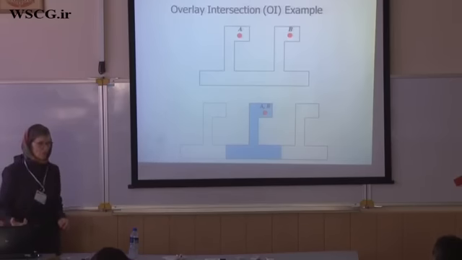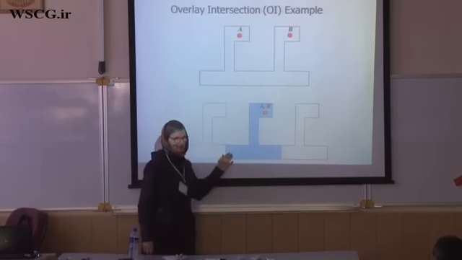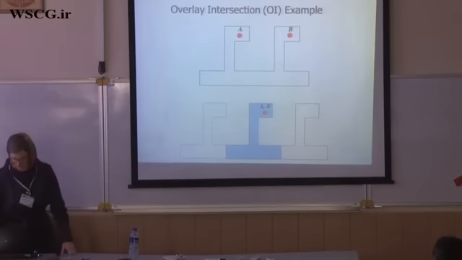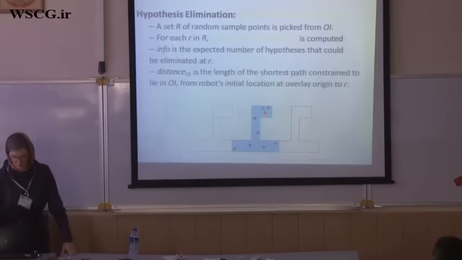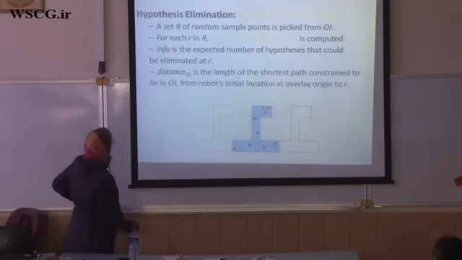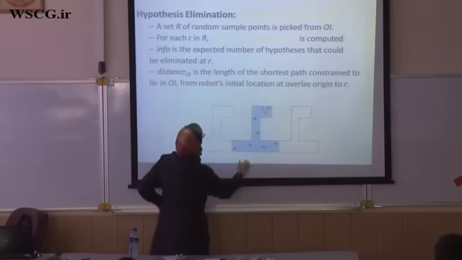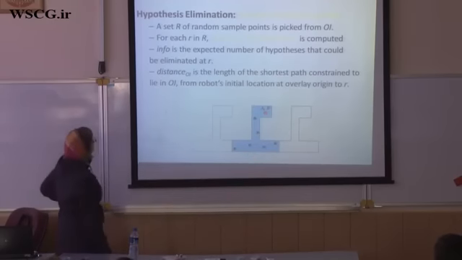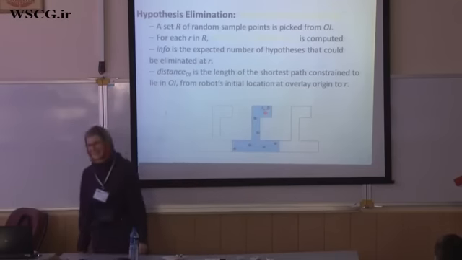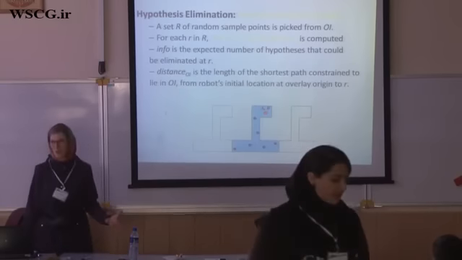So which one do we move to? Well, we need a way to evaluate how good a point is, how useful it might be to us. So we need to have some kind of evaluation function for a point. That's what we're going to do. We're going to have a set of R random sample points that are picked from this overlay intersection. And for each point, it says compute the value of that point.